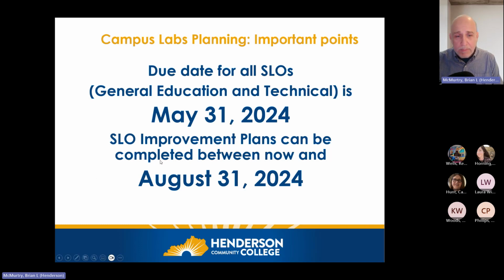But we do need them sent to me as well as your division chair and our chief academic officer, Mike Connect, by August the 31st. And I'll remind you guys when you come back in August, but if you don't turn it in May, just realize that we really have to have good planning this year, because whenever we write our 5th-year review in 2027, we're going to use 3 years of information.